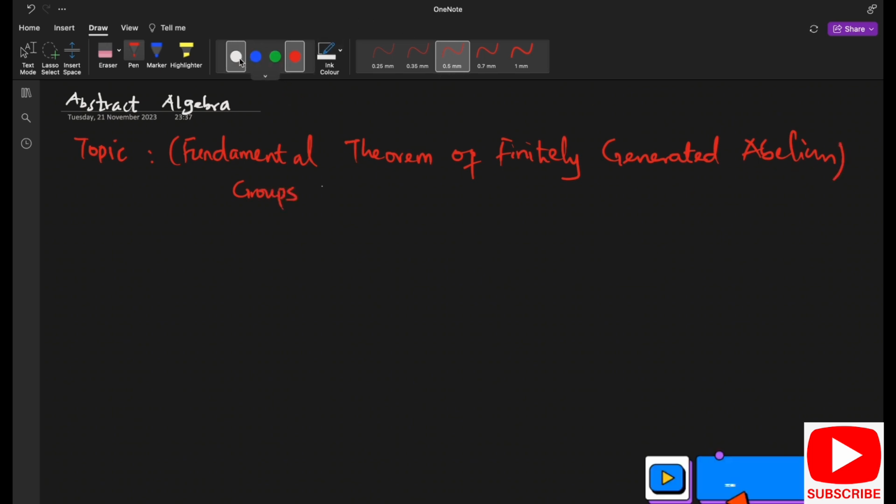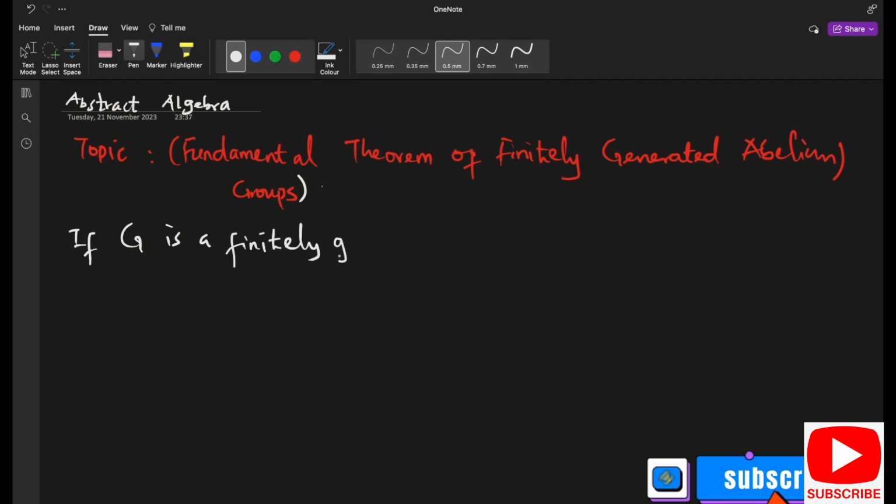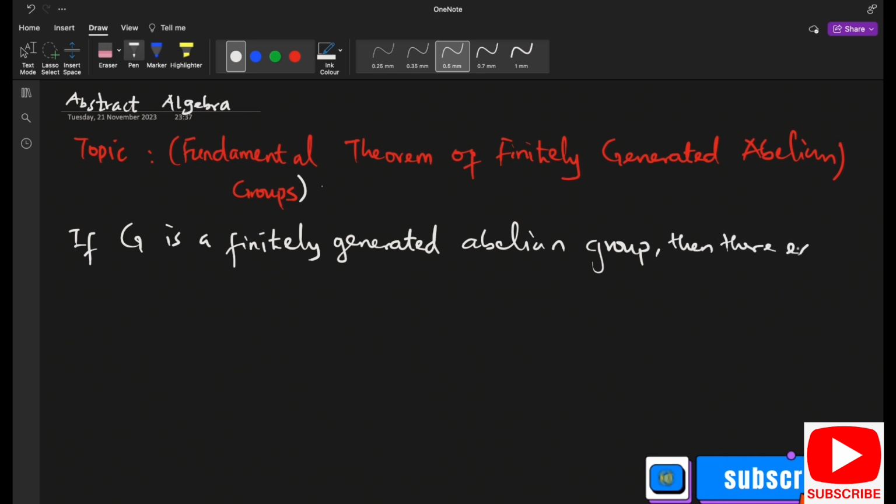So what does this state? It says that if you have, let's say for instance, a group G, and G is a finitely generated abelian group, then there exists r greater than or equal to 0. This is the rank.